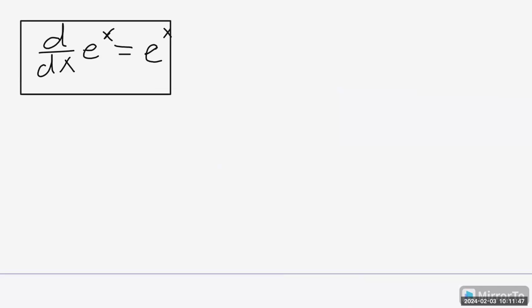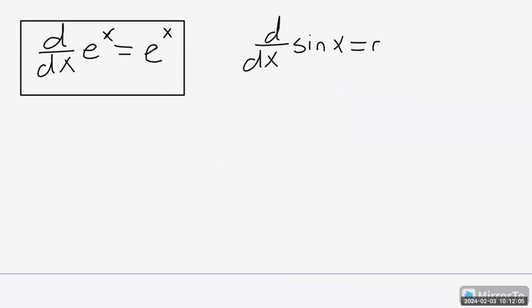So anyway, here's one of the rules. The derivative of e to the x is just e to the x. E to the x is a really special function because it is its own derivative. Here's another rule. The derivative of sine of x is equal to cosine of x.